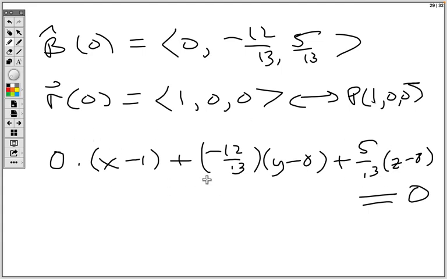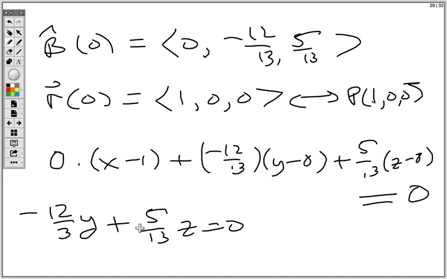You add them up, equal to 0. So you get negative 12/13 y plus 5/13 z is 0, and you could multiply through: 5z is 12y. There are all kinds of different ways to write this. Okay, that'd be your osculating plane.